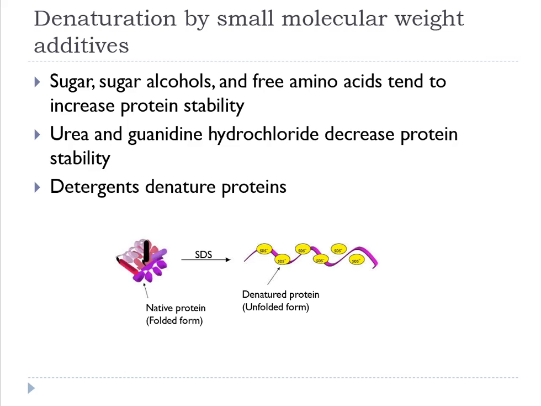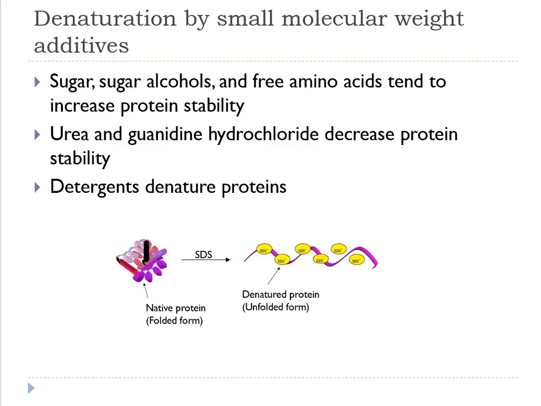And several small molecular weight solutes, such as urea, guanidine hydrochloride, detergents, sugars, and neutral salts affect protein solubility in aqueous solutions. Generally, sugars, sugar alcohols, and free amino acids tend to stabilize the native protein structure.